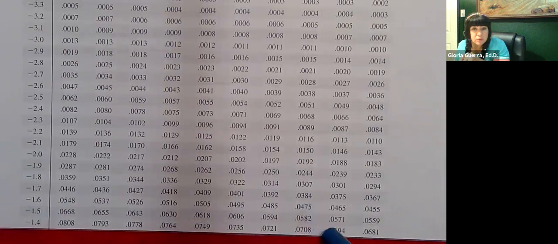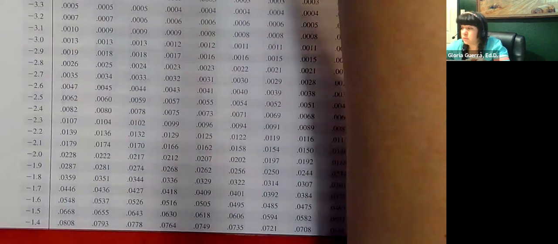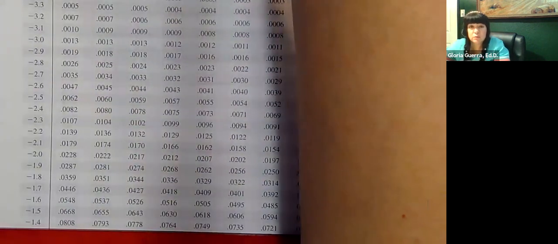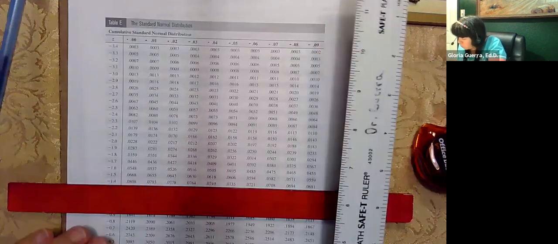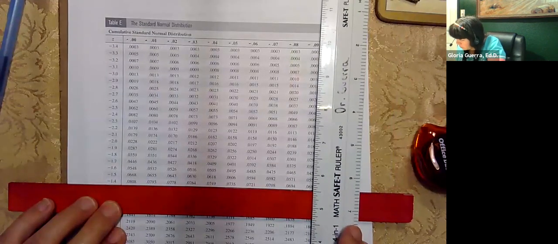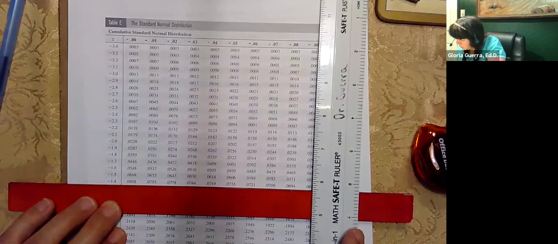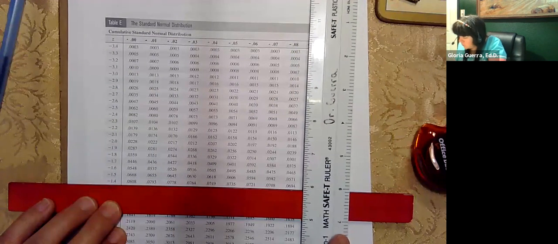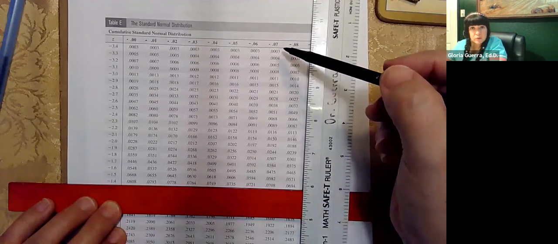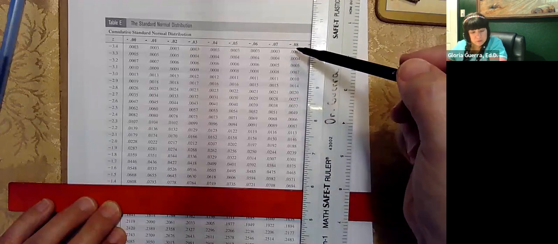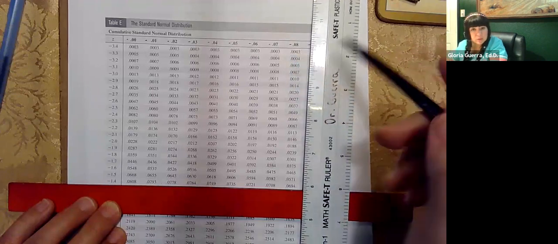In here. So let's see where those are. It's between negative 0.07 and negative 0.08.